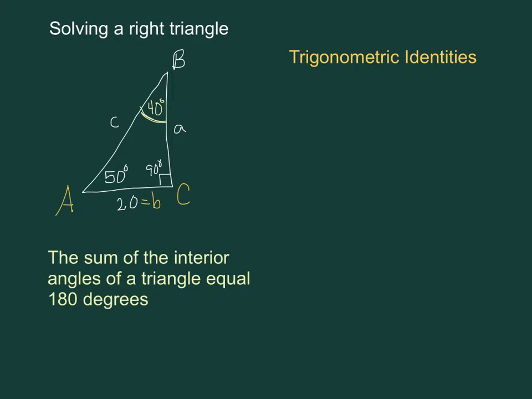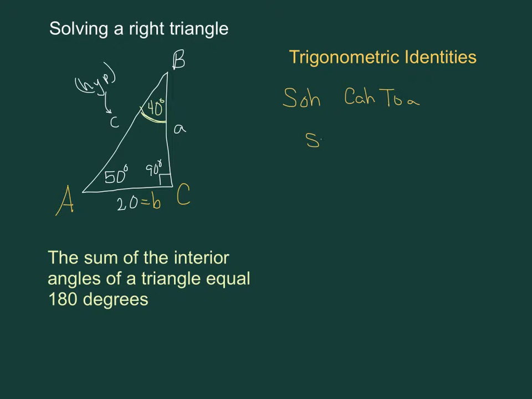From this point, we want to make a few quick identifications. C is my hypotenuse, and I always want to remember that C is always the hypotenuse in a right triangle. Now, let's go to the trigonometric identities, where we want to remember the phrase SOHCAHTOA.